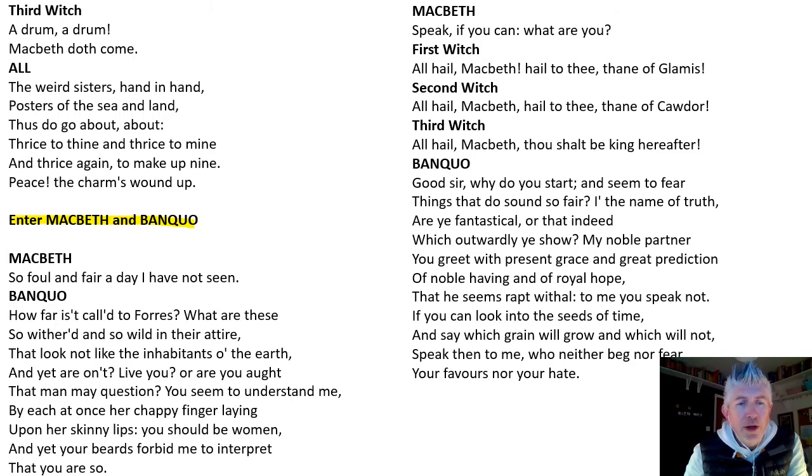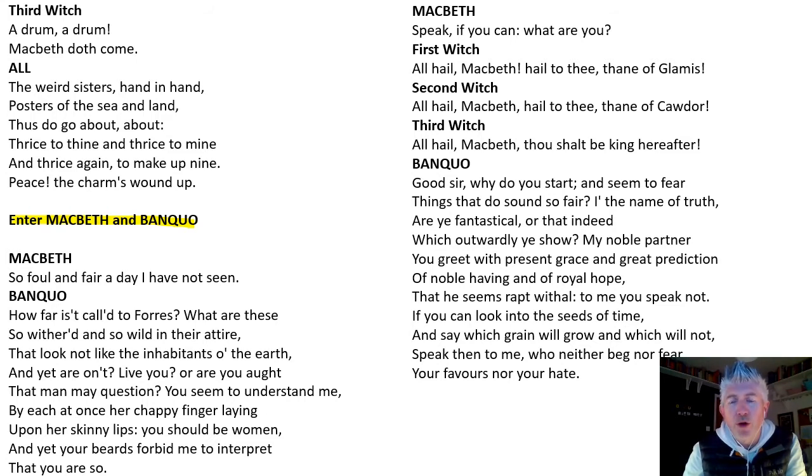Banquo. How far is't called to Forres? What are these, so withered and so wild in their attire, that look not like the inhabitants of the earth, and yet are on it? Live you, or are you aught that man may question? You seem to understand me, by each at once her choppy finger laying upon her skinny lips. You should be women, and yet your beards forbid me to interpret that you are so. Macbeth. Speak if you can, what are you?